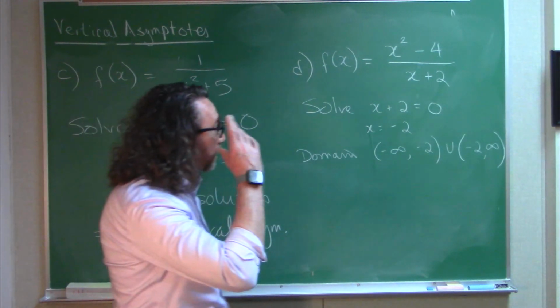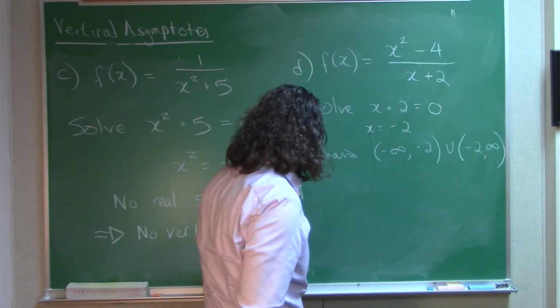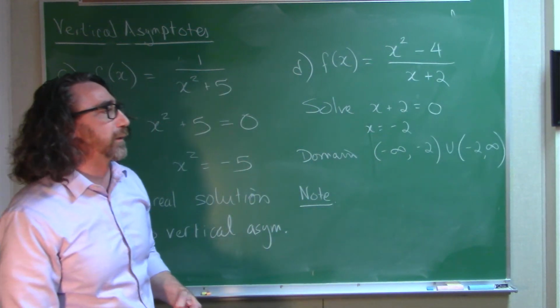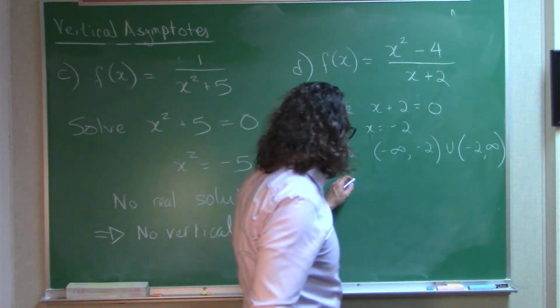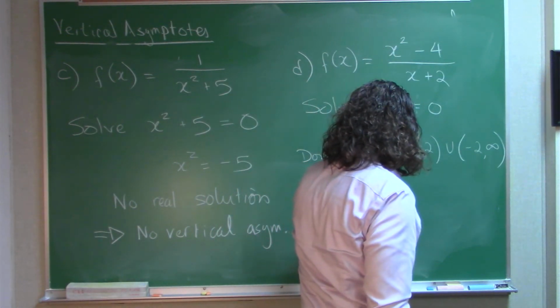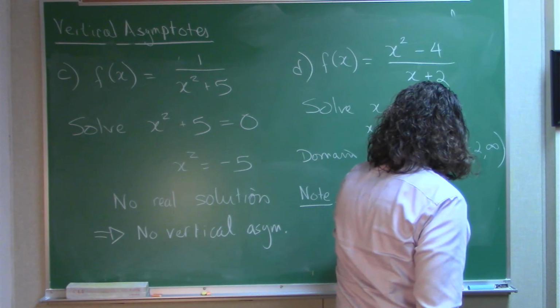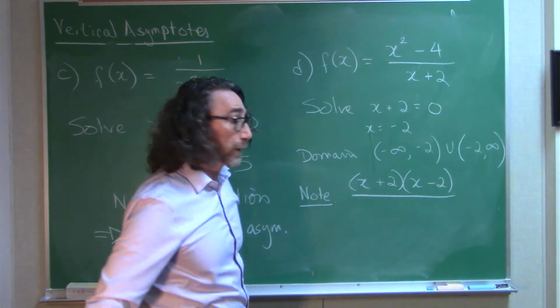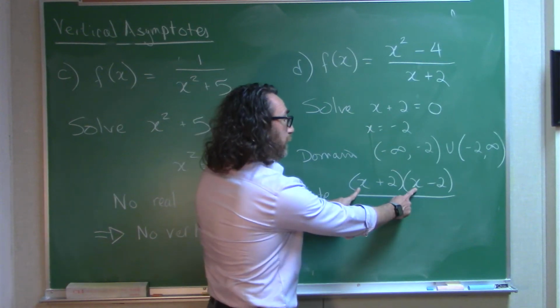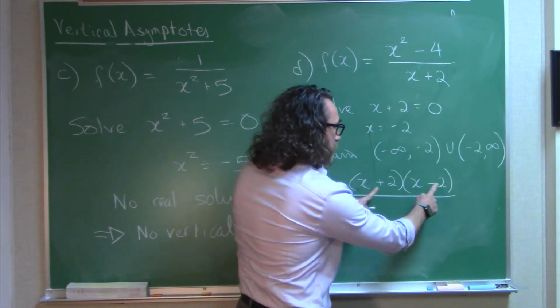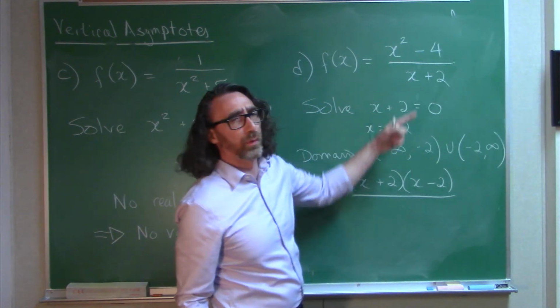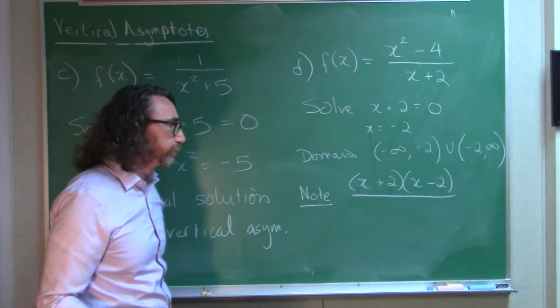Now here's the thing. I want you to notice, this is an example we haven't seen one like this before. My numerator factors. It factors into x plus 2 times x minus 2. Okay? If you multiply out, you'll see, right? X squared minus 2x plus 2x, those would cancel. Minus 4. Okay, that's called difference of two squares factoring.